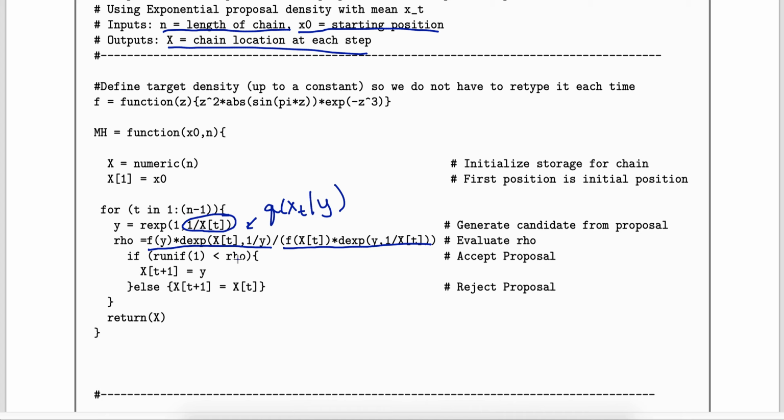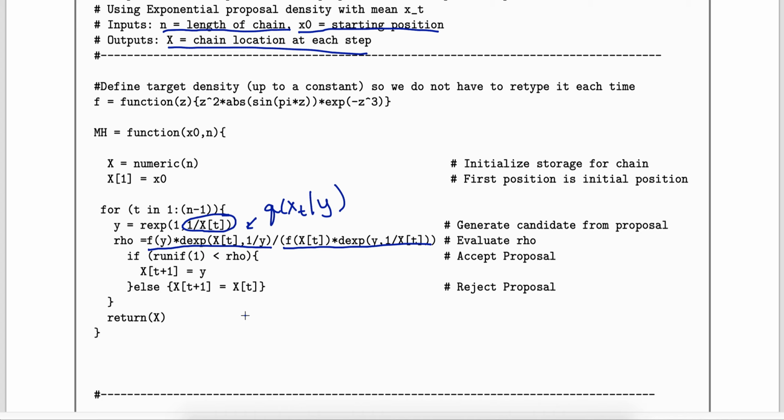So if this is 1, my uniform is guaranteed to be between 0 and 1, or less than 1. So I accept it, and my chain is updated. My next step is my proposed value. Otherwise, my chain in the next step just remains at the current position.